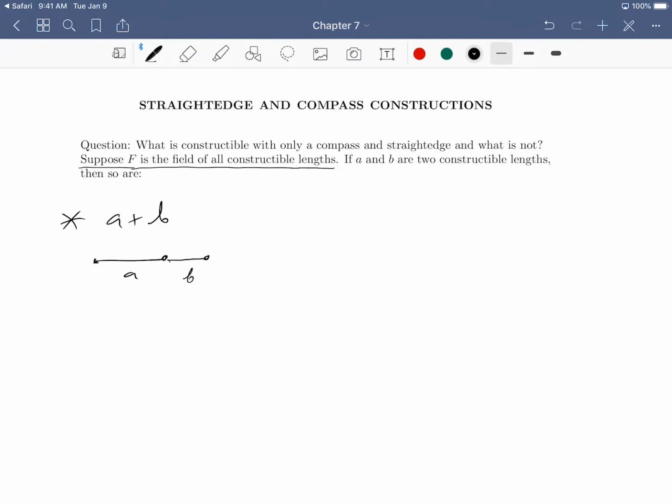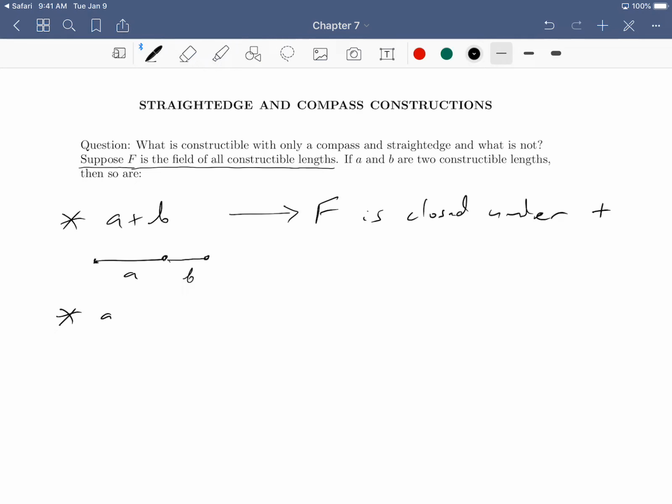And so then I end up with a length A plus B segment. So this is telling us that F is closed under addition. If I know I can make length A and length B, then I can make the sum of them.